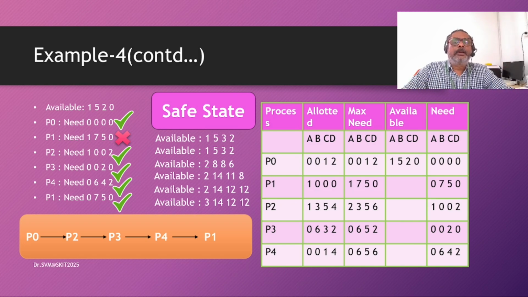So that's all about this example. We have some more things to work on the Banker's algorithm. Maybe we want to check any other example which leads to an unsafe state and all that.